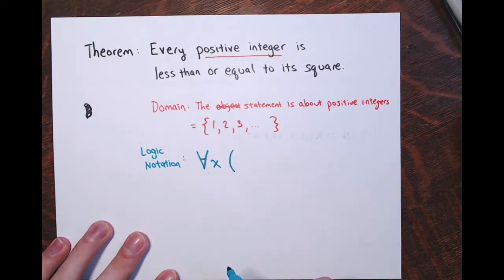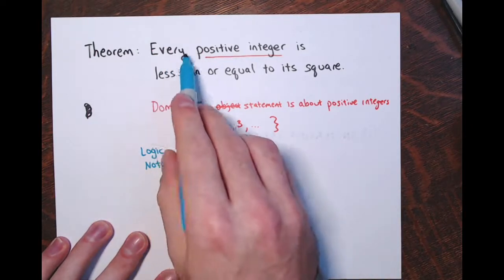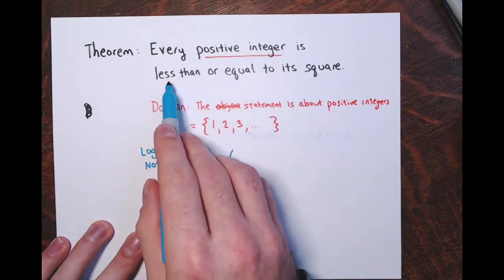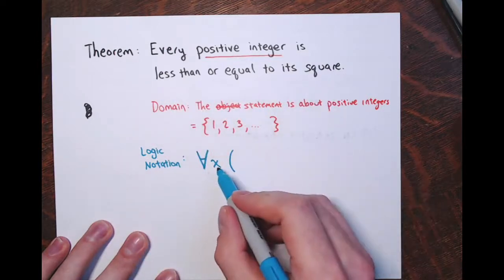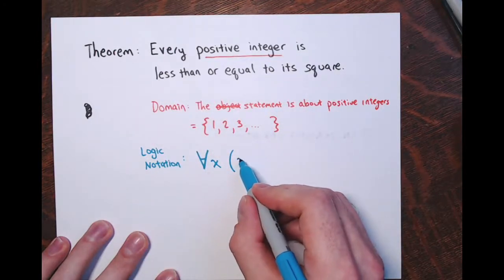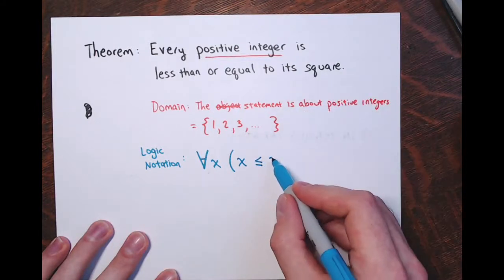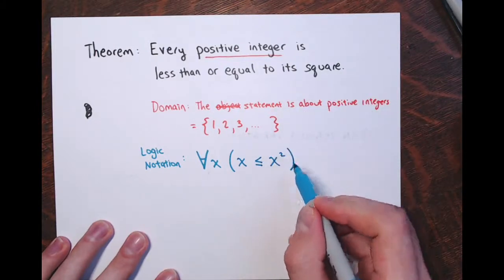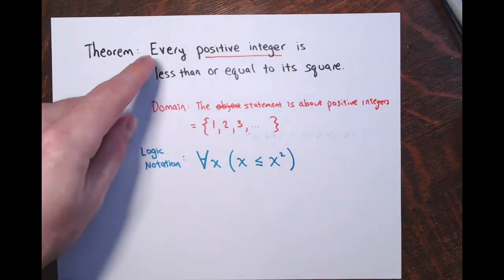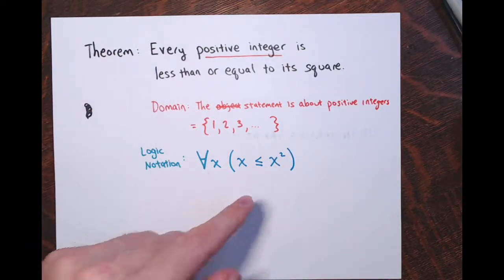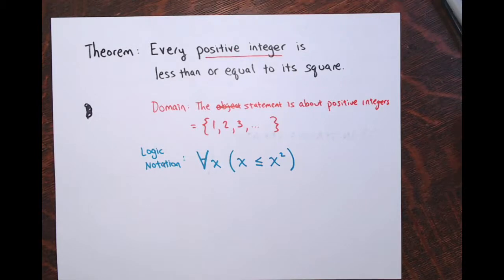The following statement will be true: for every positive integer, that positive integer will be less than or equal to its square. So x is the positive integer here. X will be less than or equal to its square, x squared. So here would be a way to write that same statement in English using our logical symbols from chapter 1.